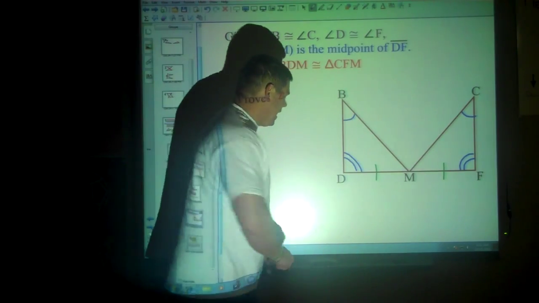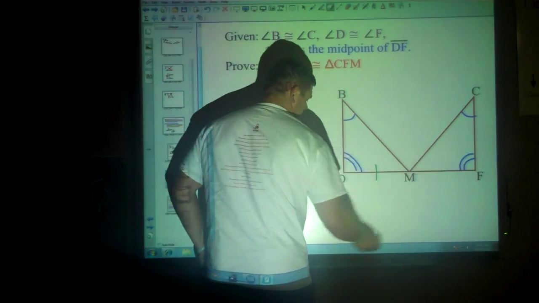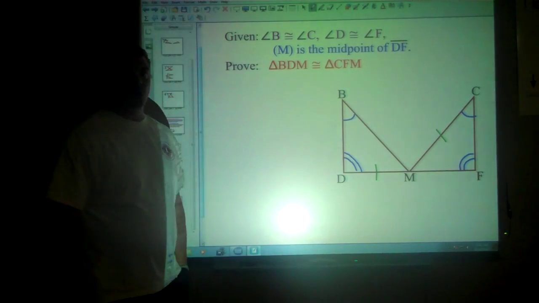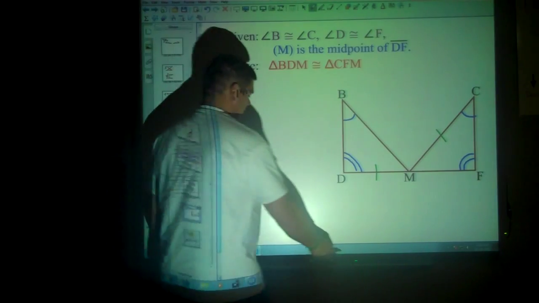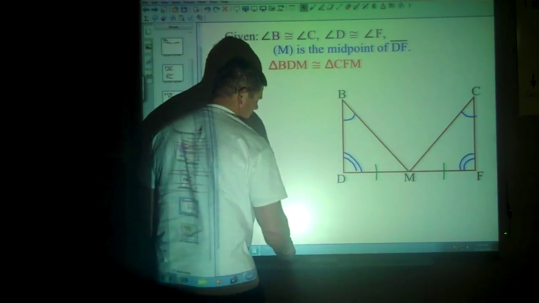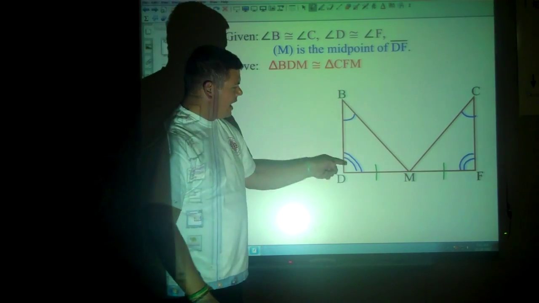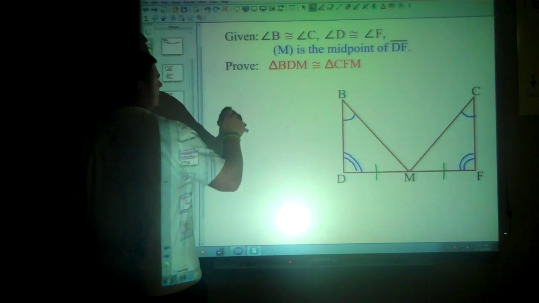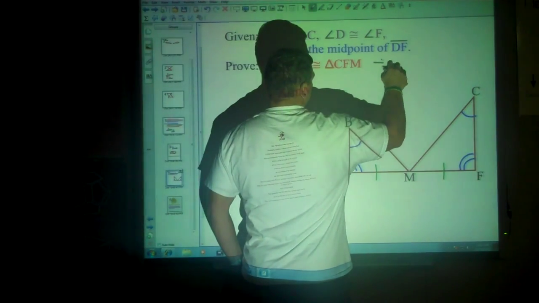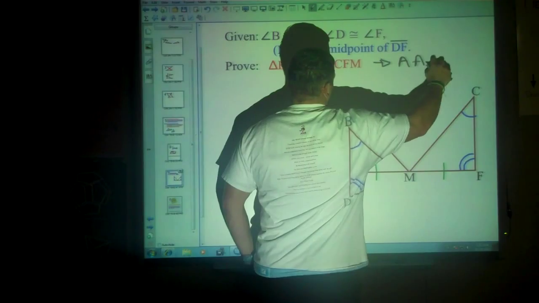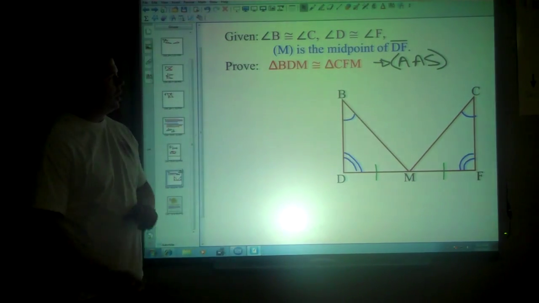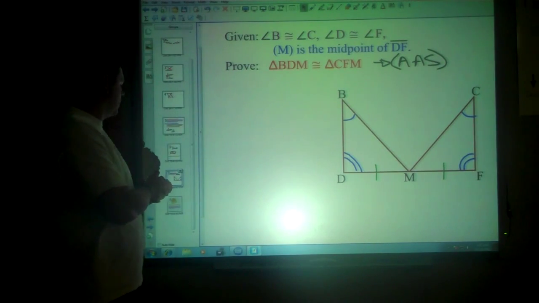If that green line hadn't been there, if this green line had been here, that would not be good for us in trying to prove congruency. But because it is down there, because it's the midpoint, we know we're dealing with angle, angle, side. So we would say this is true, and the reason is angle, angle, side. Once we've labeled all the information, angle, angle, side.